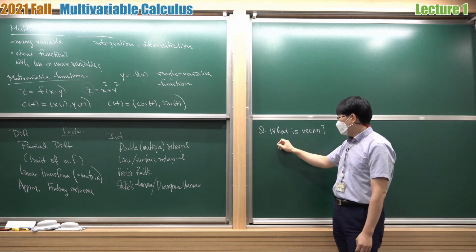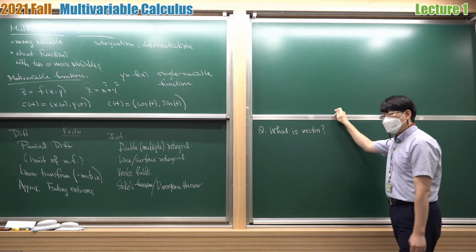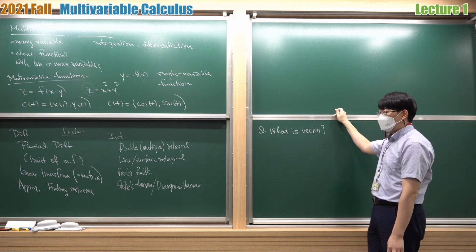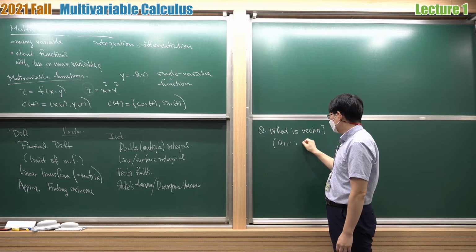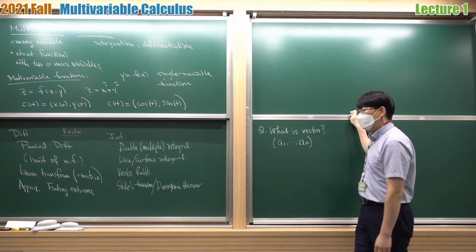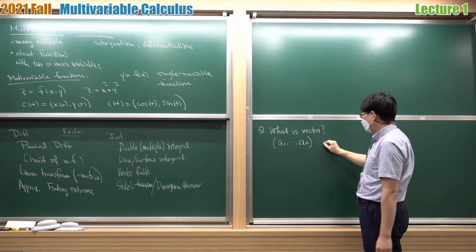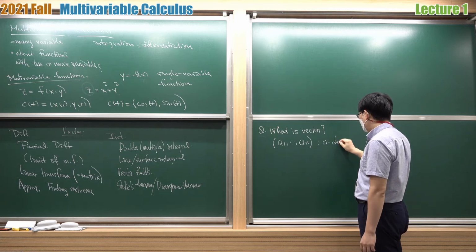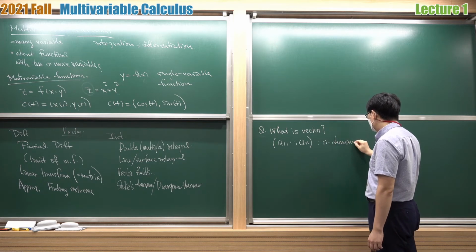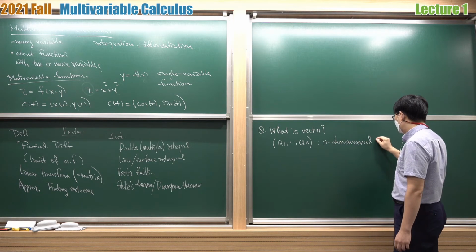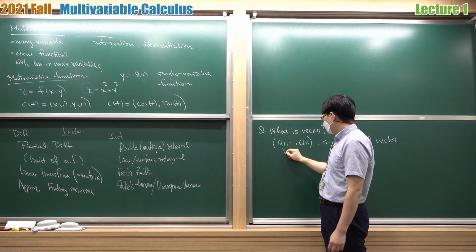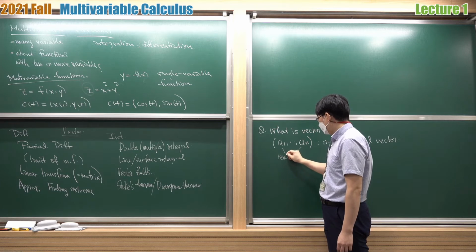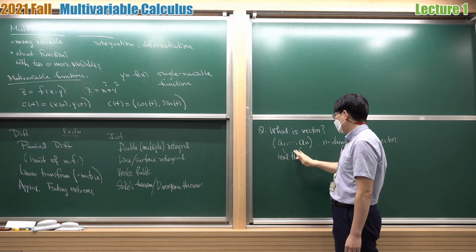There are several versions of the definition of vectors, but the easiest one is the following. An n-tuple of real numbers is called an n-dimensional vector, and these are real numbers.